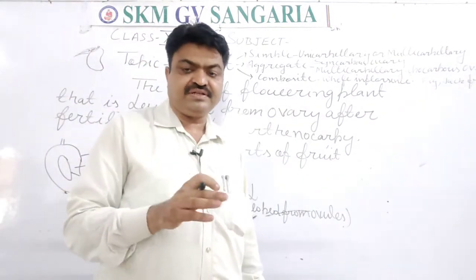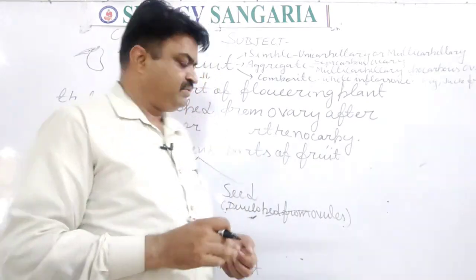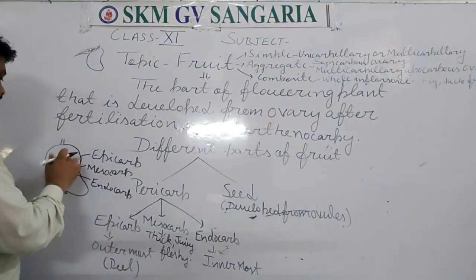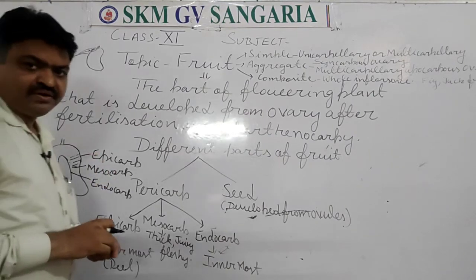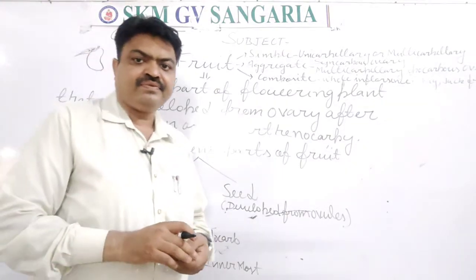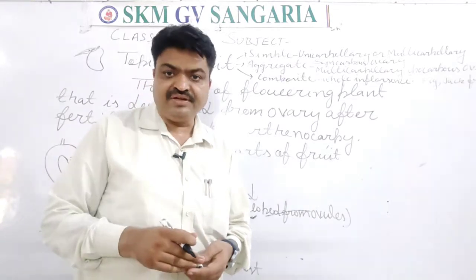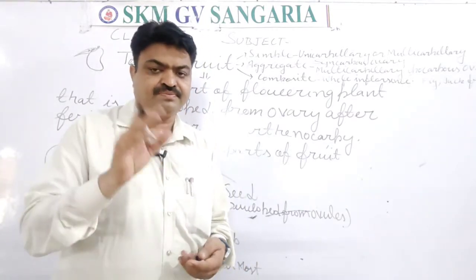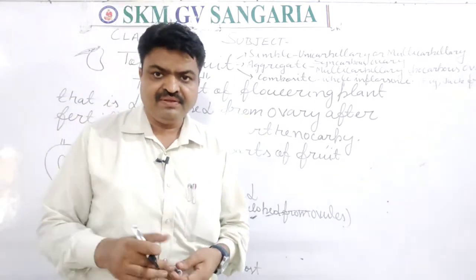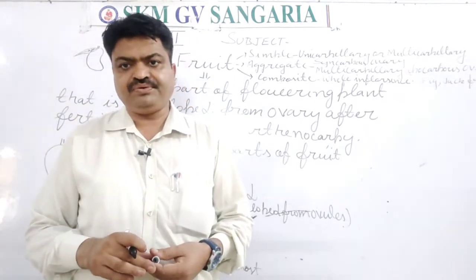A thick, fleshy and juicy part is found. This part, students, is known as mesocarp. And generally this part we eat as fruit and vegetable. It means the part which is eaten by us is the mesocarp.